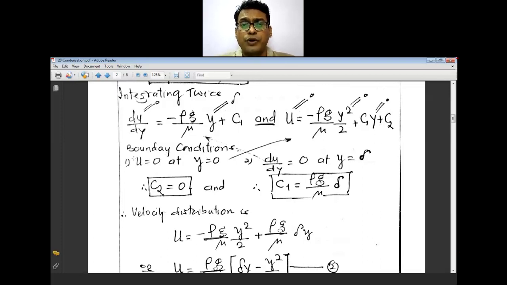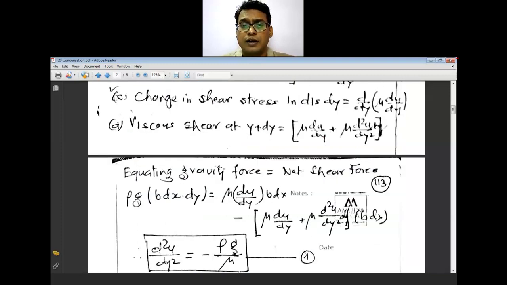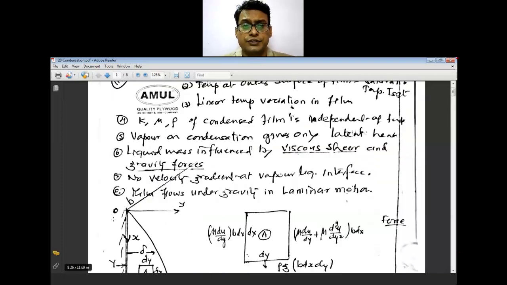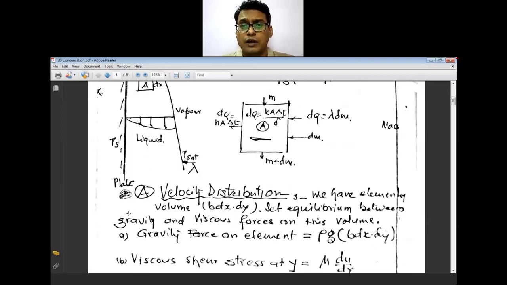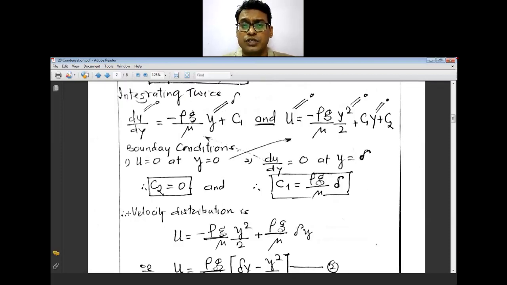Then the boundary conditions: velocity will be 0 at y equals 0. At this stop point, velocity is 0, where y is equal to 0.